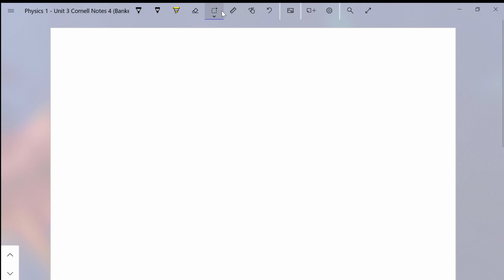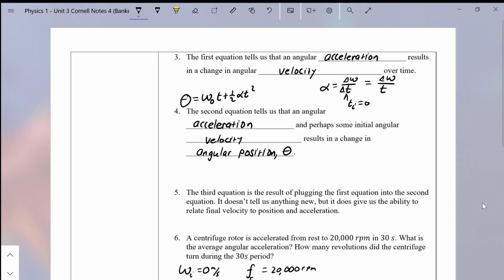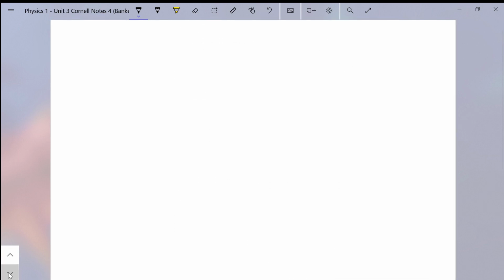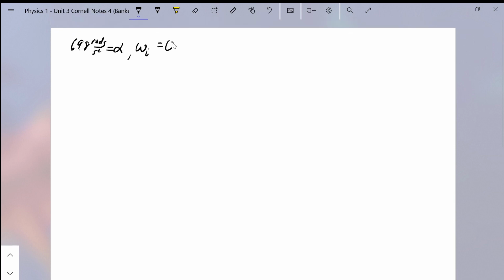So, new page, we have our value of alpha. We also have that omega initial is equal to 0. Omega final is 2094 radians per second, and time is 30 seconds.